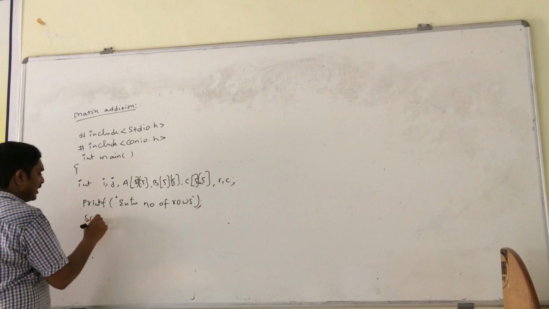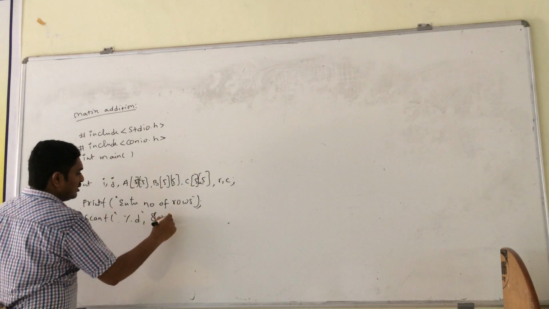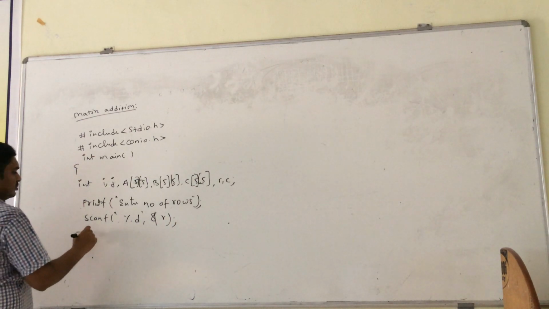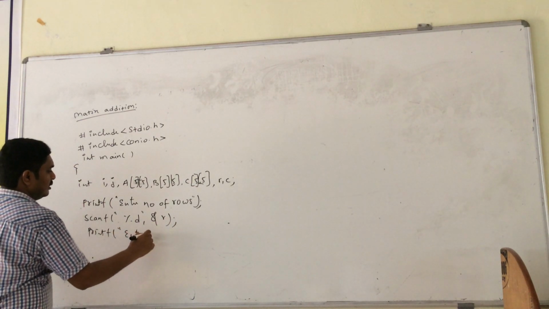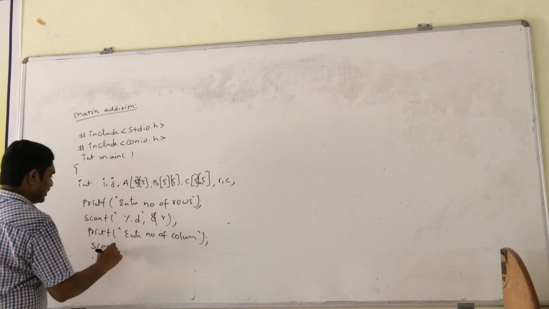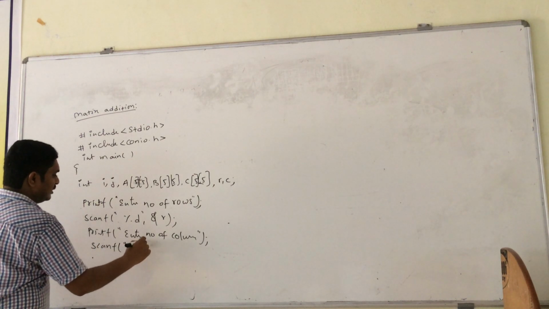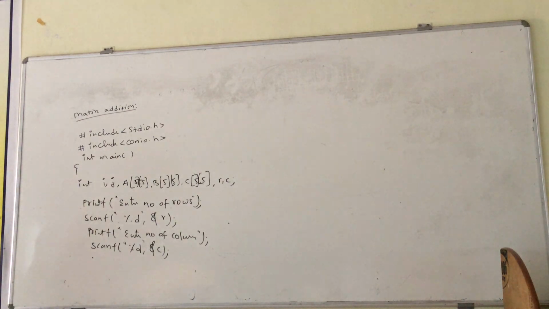This will be scanned by using the scanf function, %d, ampersand of number of rows. Again printf enter number of columns. I am scanning this, scanf %d comma ampersand c. This is the columns.